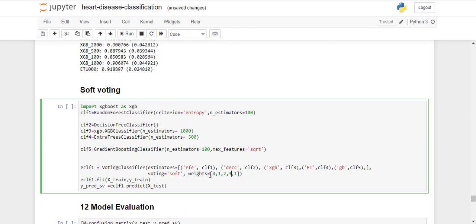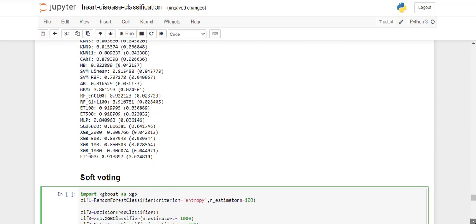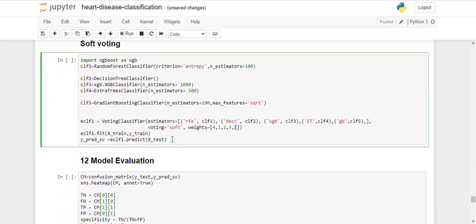And for gradient boost, we are giving only one. Yeah, one is good. So now we will just fit the model and see.